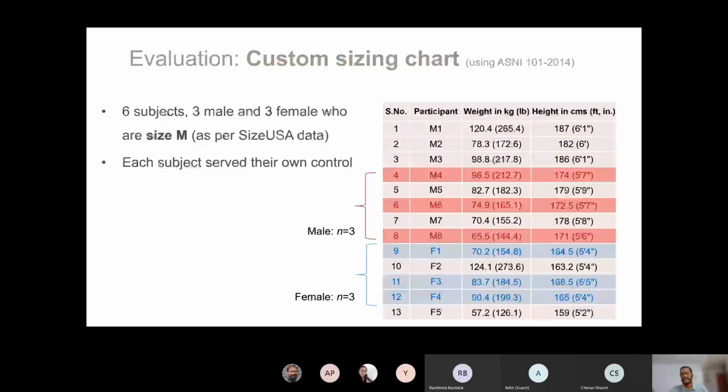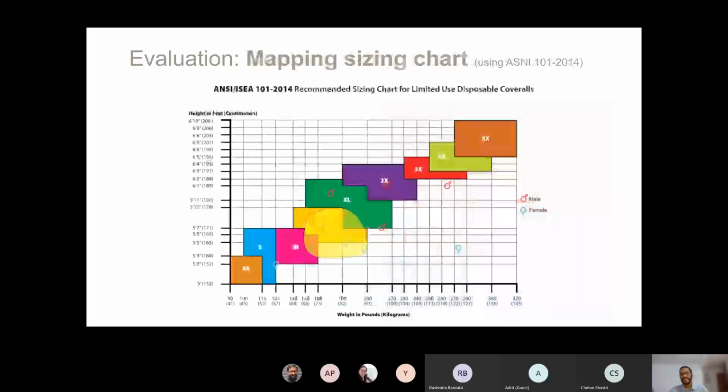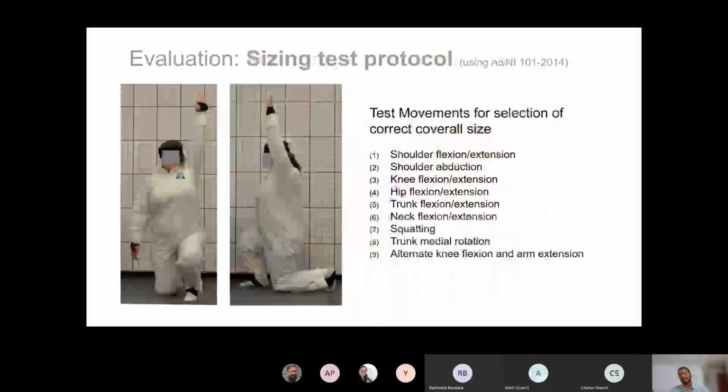First, because we were working on a unisex coverall sizing system, we identified those individuals from the sample population that we had, invited them into the lab, and conducted standard protocol test movements to see the range of movement flexibility that the new coverall, the new sizing chart, offered.